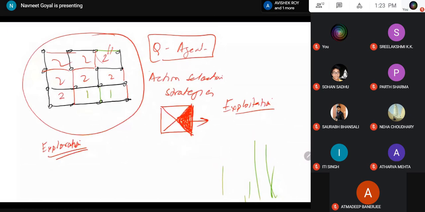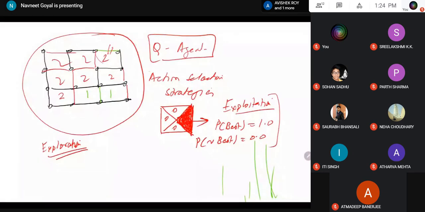So in exploitation, the probability of choosing the best option is always 1, and the probability of choosing something that is not best is always 0. So all these have 0 probabilities of being picked up. This is what is called the greedy one, right?